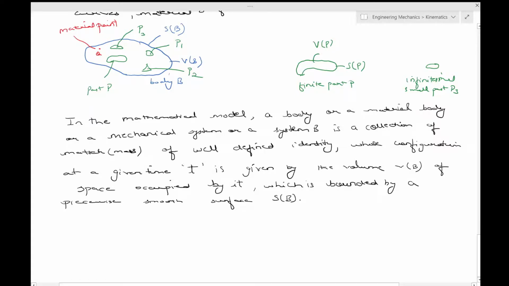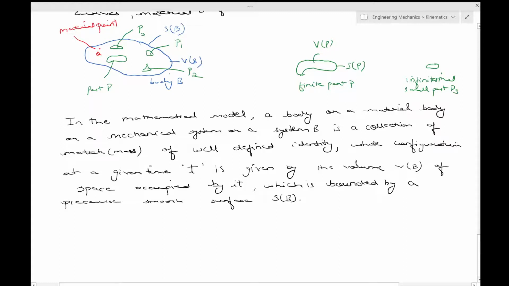Okay, I have shown you some of these well-defined identities like the parts P1, P2, P3 and so on, whose configuration at a given time t is given by the volume VB of space occupied by it.